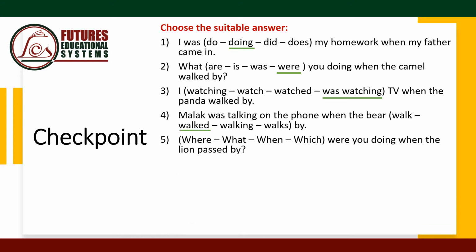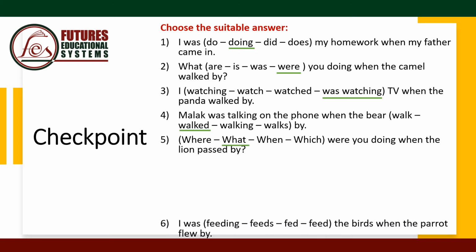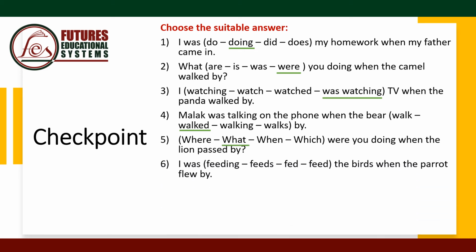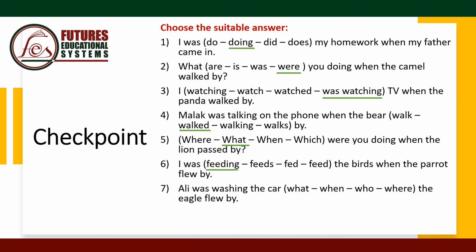Number 5: were you doing when the lion passed by? Which question word do we use? Yes, what were you doing? Number 6: I was the birds when the parrot flew by. Was plus infinitive plus ing, so I was feeding the birds. Number 7: Ali was washing the car when the eagle flew by.